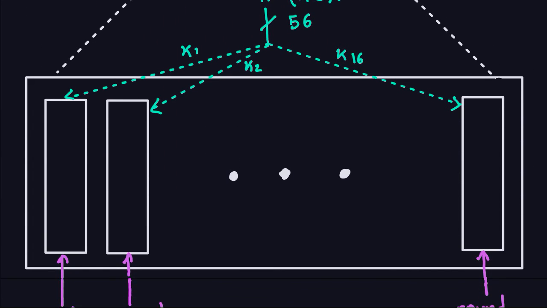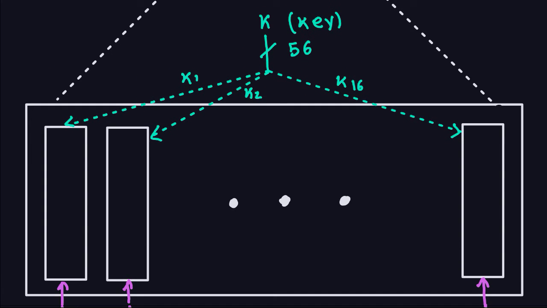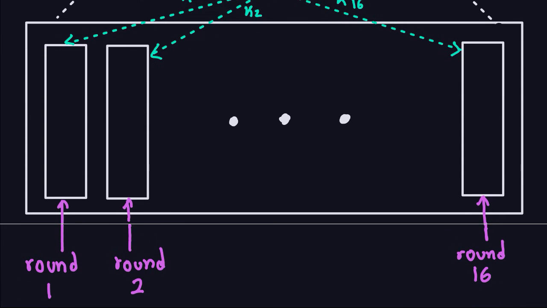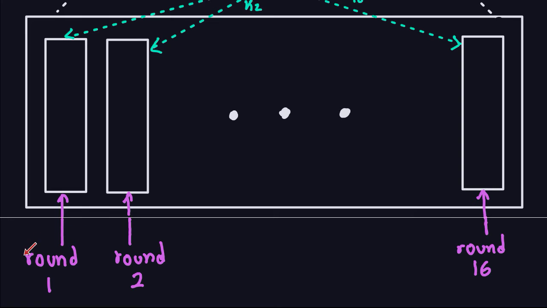What's going to happen here is that in that box, the key is going to play an important role. In that box, imagine you have other boxes. Each one of these boxes right here is called a round. Remember, we talked about this in a previous video, and in the round we're going to do confusion and diffusion. There are 16 rounds inside that box.